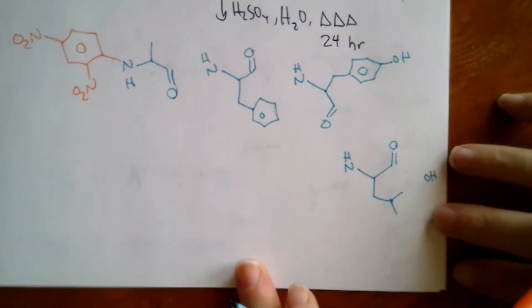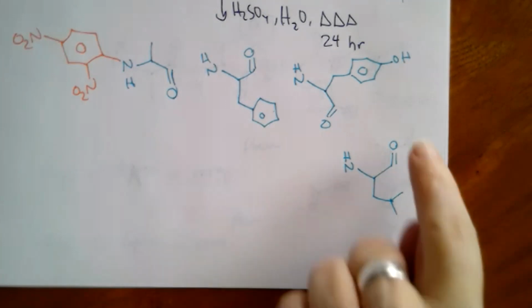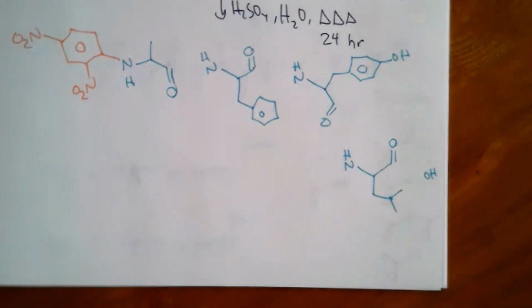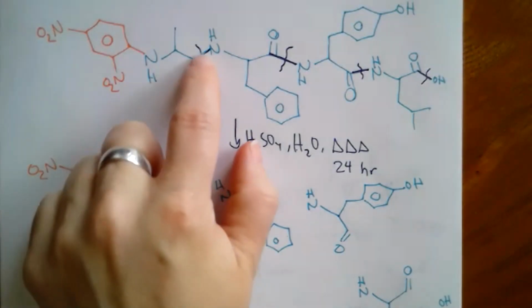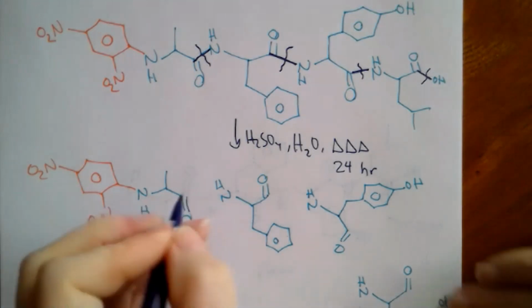So there are all my pieces drawn out with simply erasing the bond that used to be an amide bond or a carboxylic acid bond. So then I have to think, if I'm hydrolyzing an amide, what used to be the carbonyl of my amide now becomes a carboxylic acid.